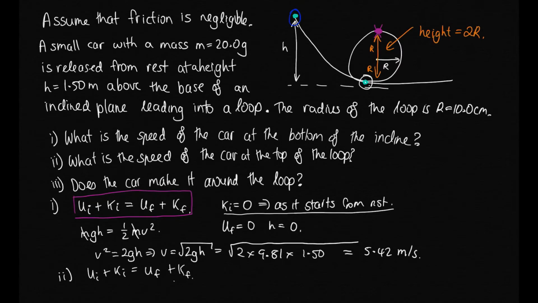So we've got mgh plus 0 is equal to the final energy. Now, the potential energy is given by mg times the height, and this is mg times 2r in this case, because the height is 2r, plus the kinetic energy, which is a half mv squared, which is what we're trying to find. Okay, now I'm just going to scroll this up to give us a bit more space.